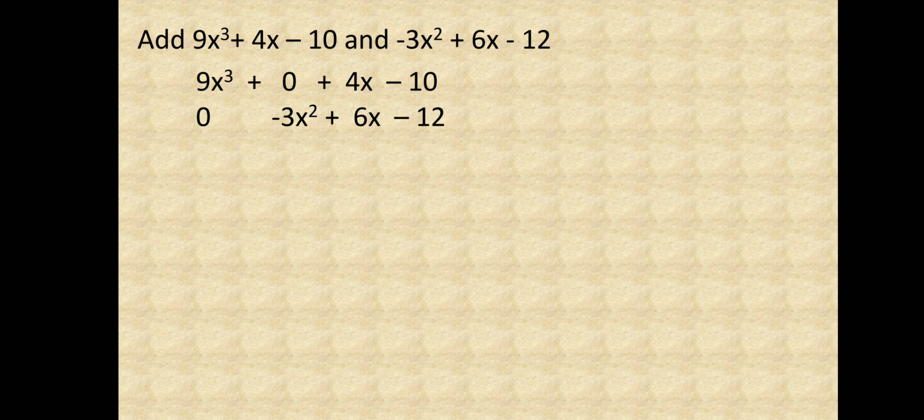Now, as I said, we'll add it normally, which will give us the answer as 9x cube minus 3x square plus 10x minus 22. Let me tell you again about this, so you will be clear with it. As we know, it is minus 10 plus minus 12.